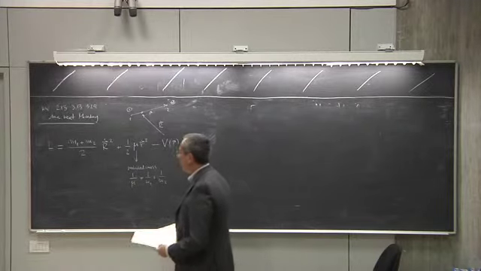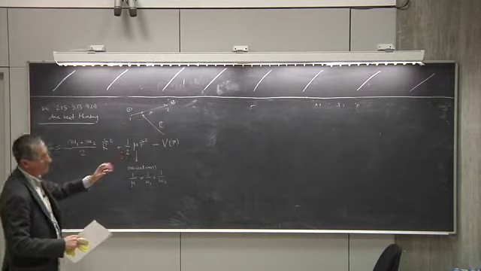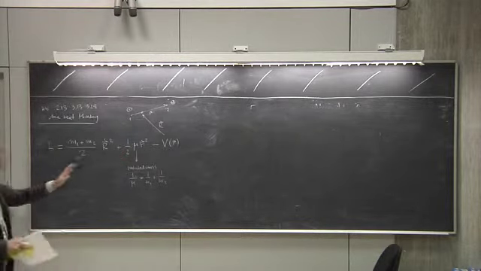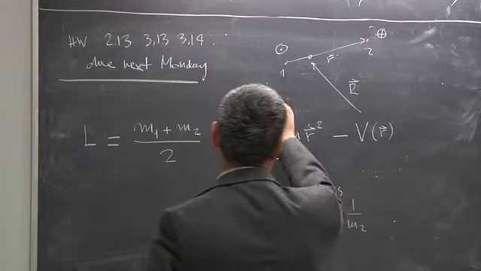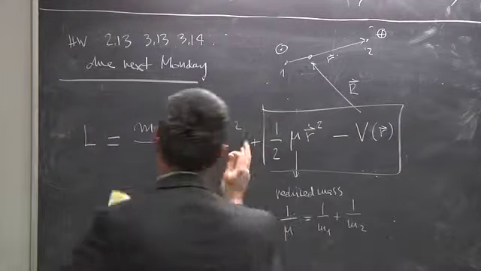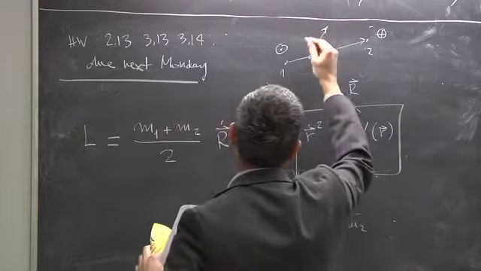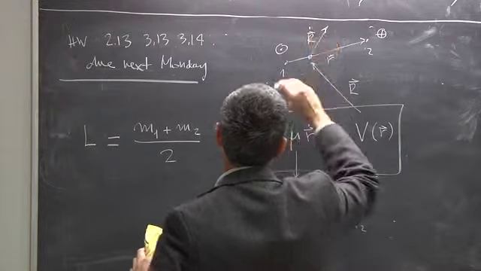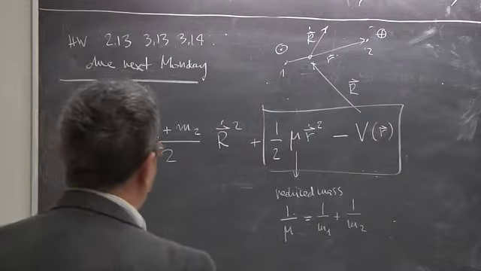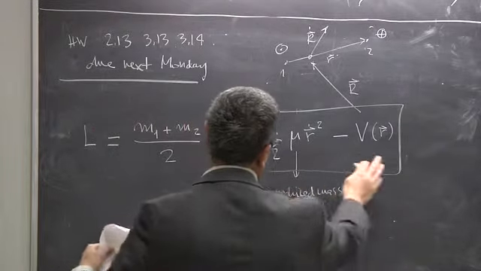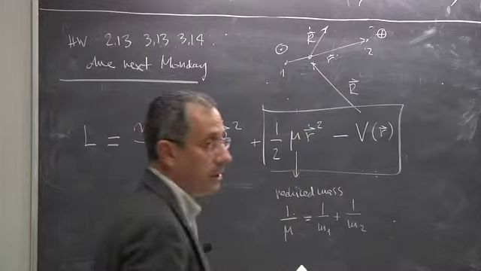So now that we have reduced the two-body problem to the much simpler one-body problem, you see, it's just one. Now I look only at this part of my Lagrangian. This I forget about. It's just the center of mass that moves with some constant velocity in some direction. But now, for me, the Lagrangian is just this, and you see, it is a one-body problem.